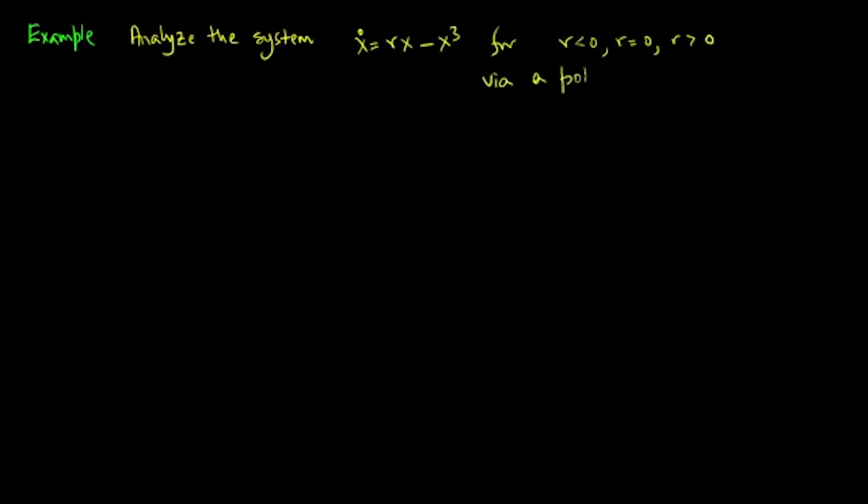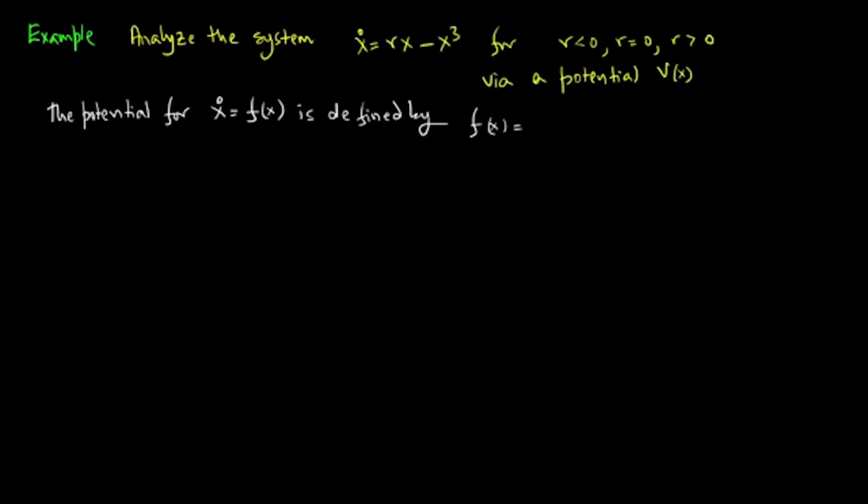Let's consider an example. Analyze the system x dot is equal to rx minus x cubed for r less than 0, equal to 0 and greater than 0 via a potential function V of x. The potential for x dot is equal to f of x is defined by f of x is equal to minus dV/dx.